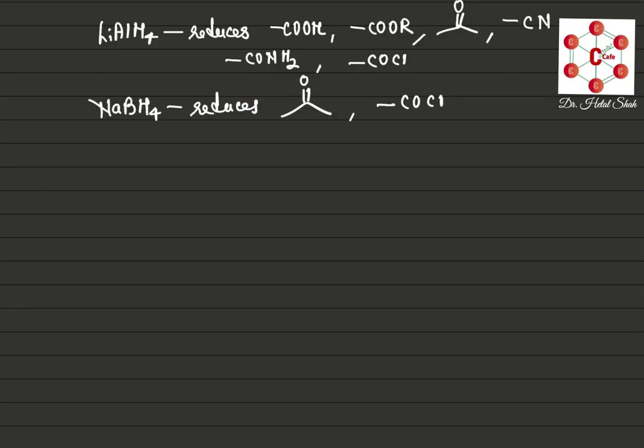Now let us understand the second part. How do you reduce acids to corresponding alcohols? So we are trying to attempt this reaction, RCOOH to be converted to RCH2OH.